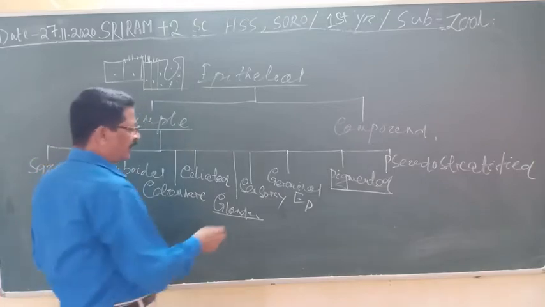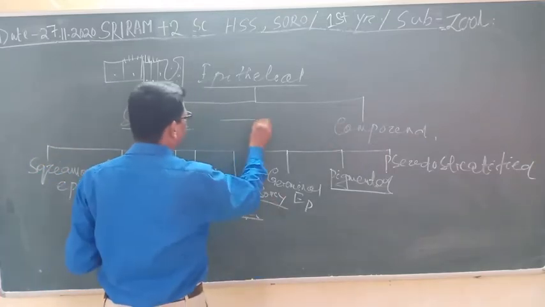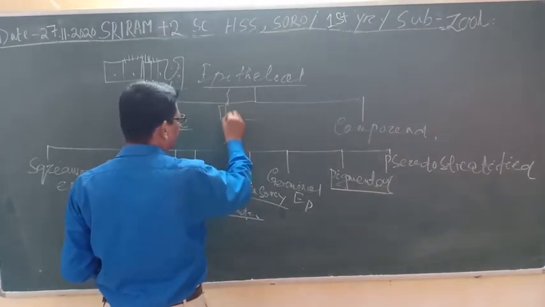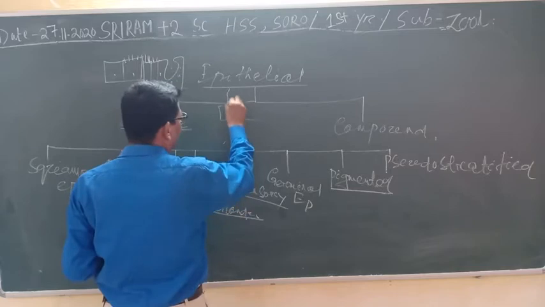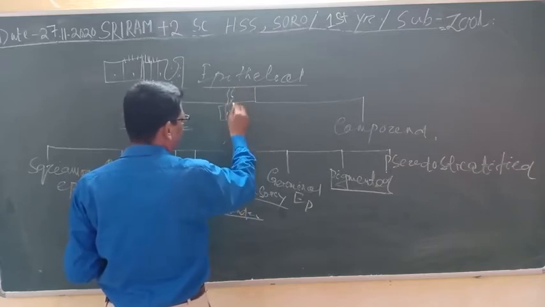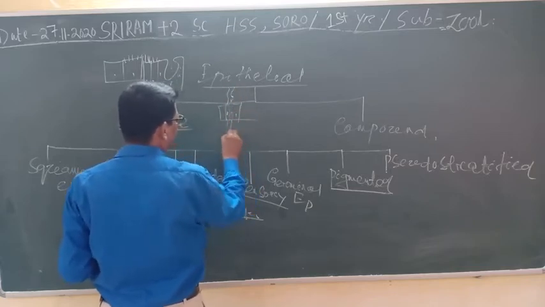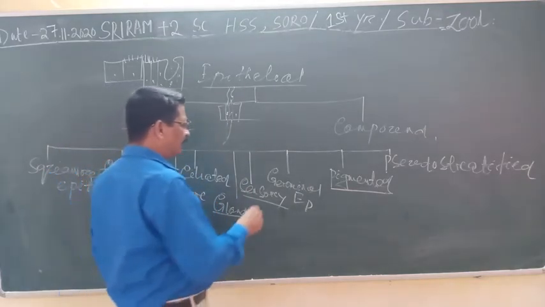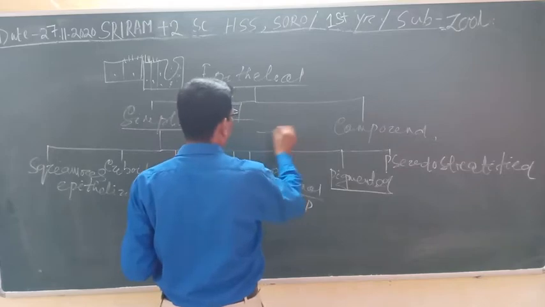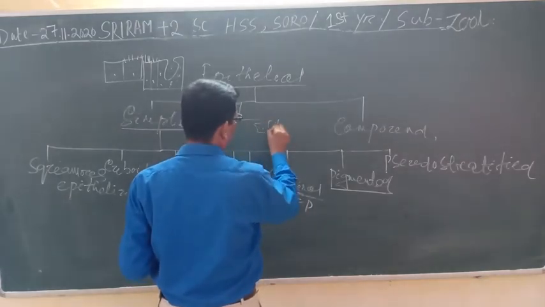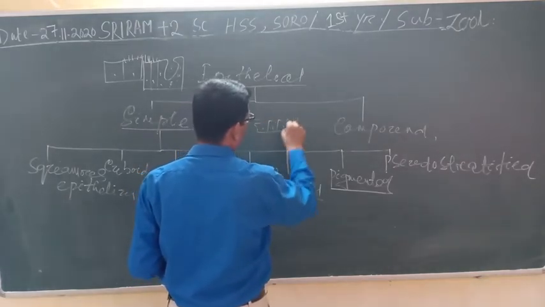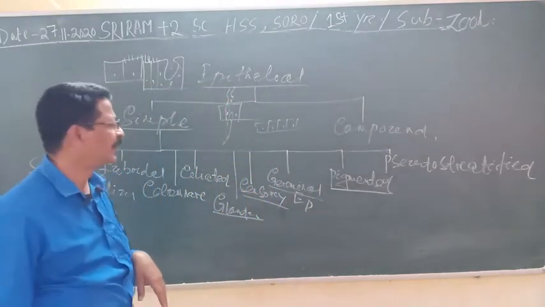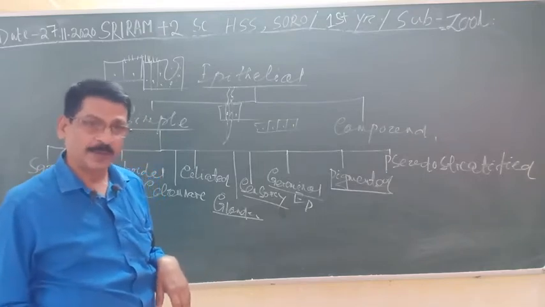Then the sensory epithelium: the columnar cells are modified, with sensory hairs at the free end, and the inner end is connected with the sensory nerves. Another is the germinal epithelium, which is cuboidal in shape and present in the testis and ovary, with the capacity to produce germ cells by meiosis and mitosis.